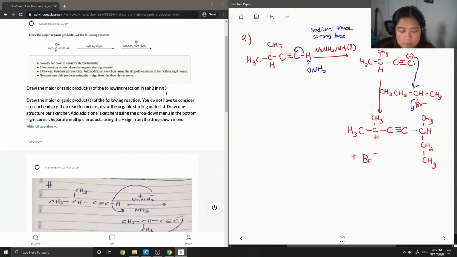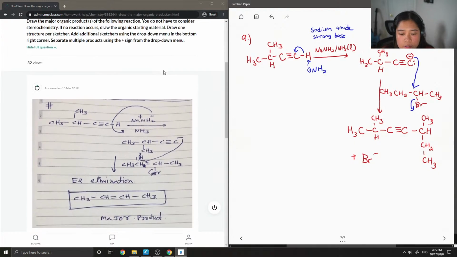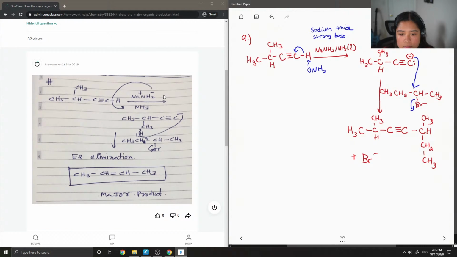Okay, so let's look at what our junior tutor said. So they have, looks like they just kind of grabbed that hydrogen out of there.